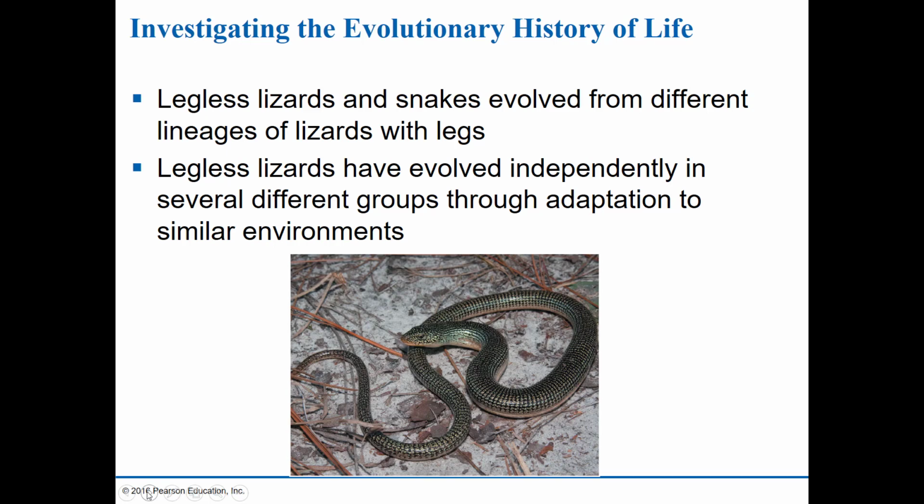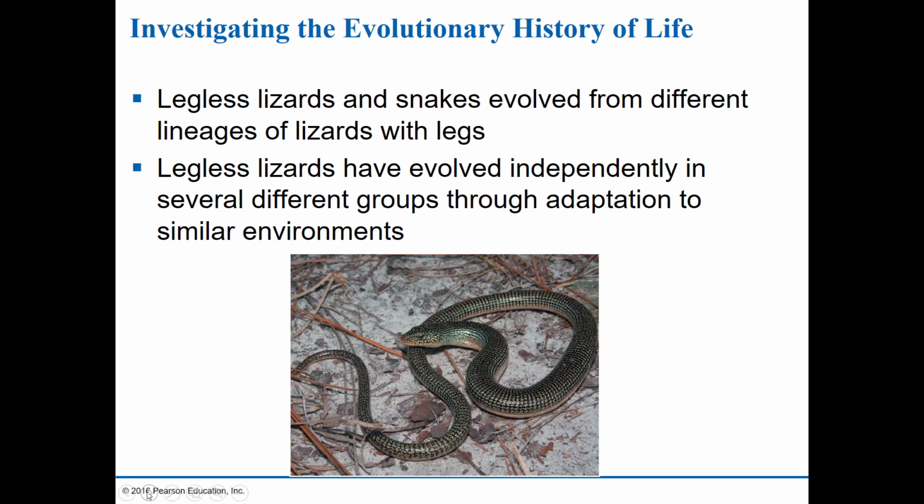Legless lizards evolved independently in several different groups through adaptation to similar environments. So they didn't branch off from snakes. They lived in different environments. There was no need to have legs. And so over time, they adapted to living in an environment where legs weren't necessary.